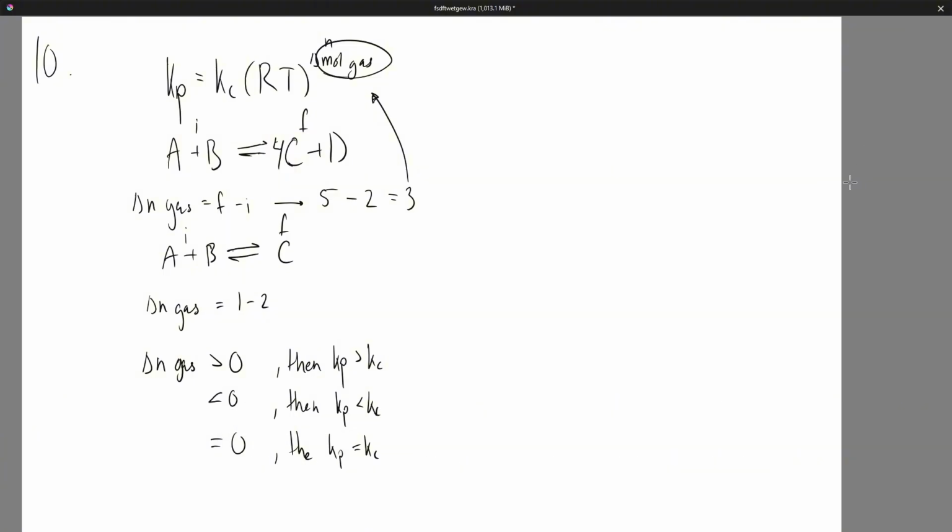So in other words, I would say it's dependent on whether the products have more or fewer moles than the reactants. That should be it for this one. This should be one of the easier ones. It's just explaining in full sentences or short sentences.